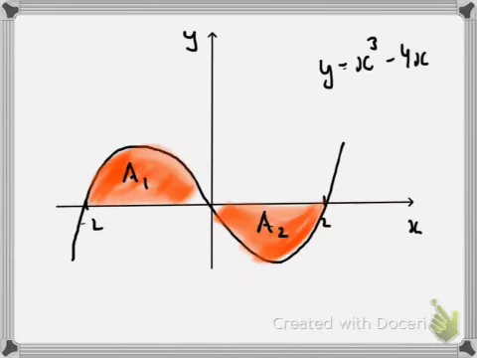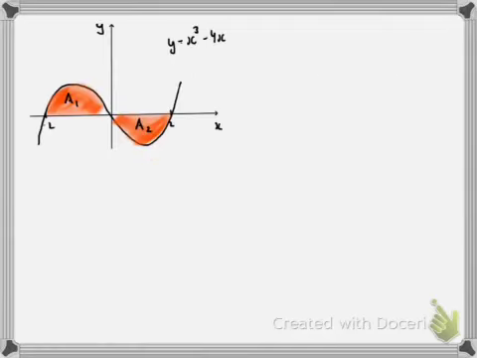Next one involves an above and below the x situation, so an A1 and A2. And our cubic function here is x cubed minus 4x, and we've got negative 2, and we've got 0 there, and 2 over here. Alrighty, let's start. Okay, so let's put a 0 in there. So our above axis, our A1, is going to be the integral.